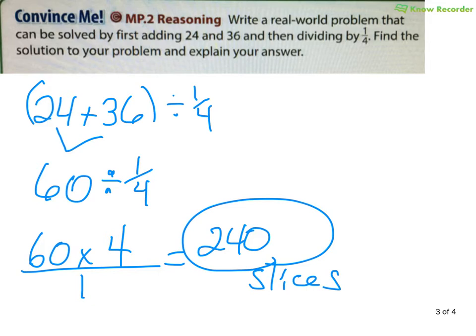Not pies. Remember, the 60 represents the amount of pies. The quarter represents how I cut it up. By the way, let's also remember 240 slices equals 60 pies.